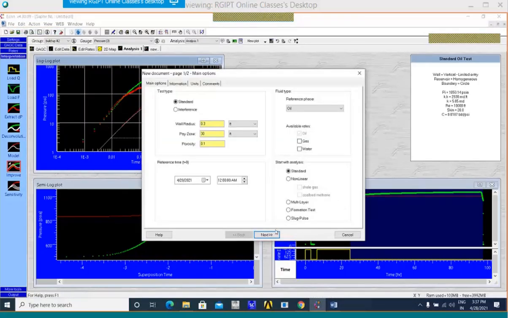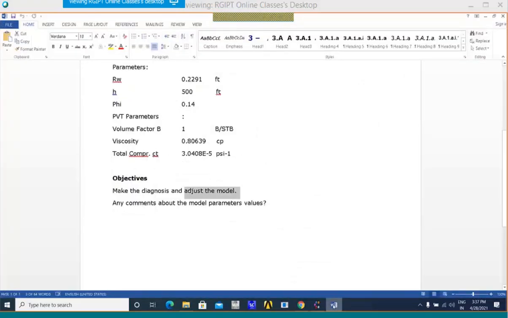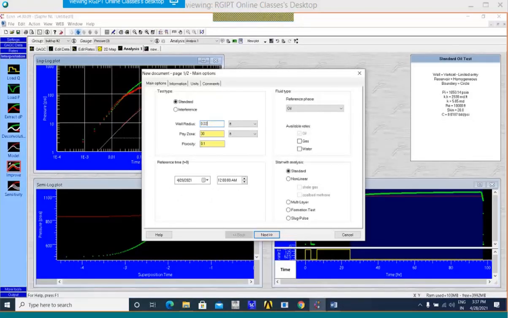1 minute. New 2291. Page one is 500. I'm going to open this again. Let us try one more time. It was 0.14.